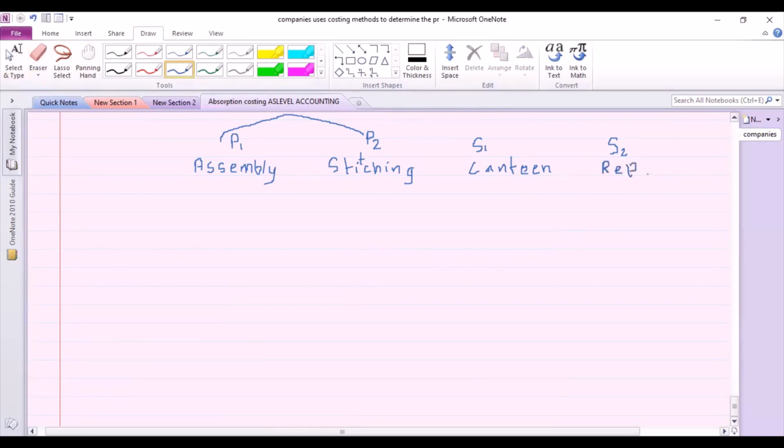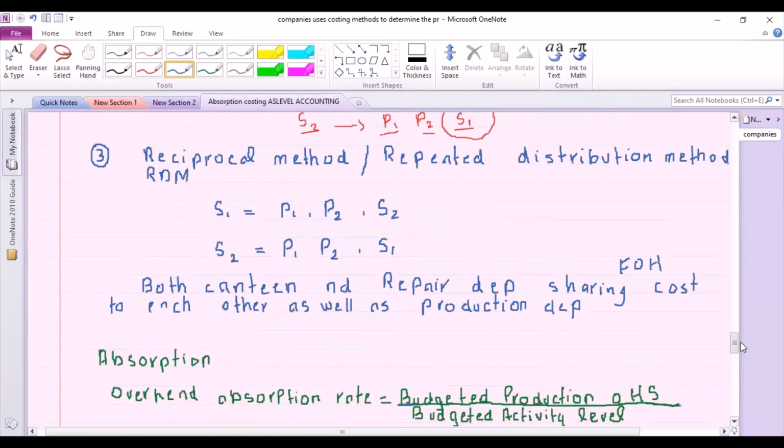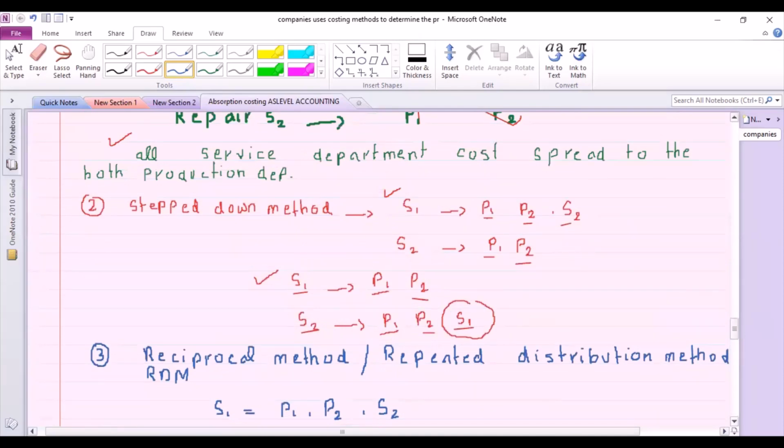Okay. If I am talking about the step down method, this is the method in which we see that the S1 department is sharing its fixed overhead cost to P1, P2, and S2, whereas S2 only shares its fixed overhead cost to P1 and P2.